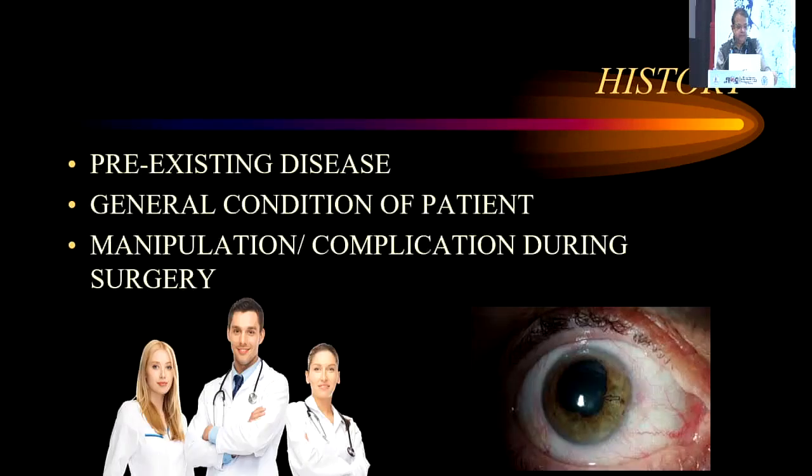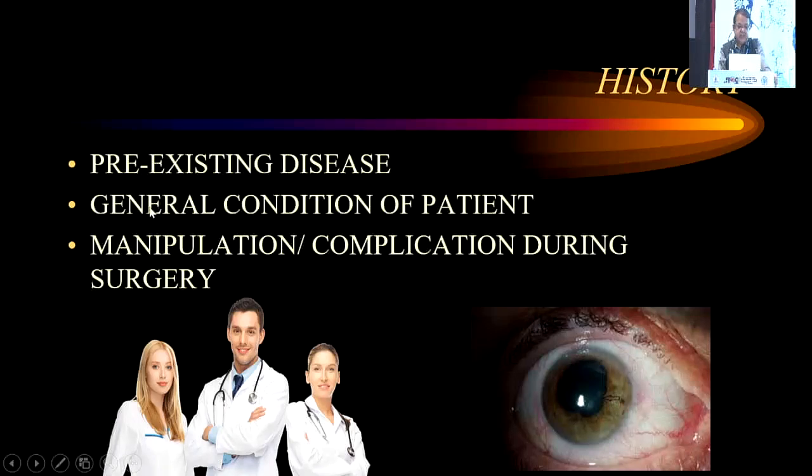If the patient has a pre-existing disease like uveitis and comes with inflammation, it's most probably an inflammatory reaction, because we know that after operating on a uveitis patient, you will land up with inflammation the very next day.